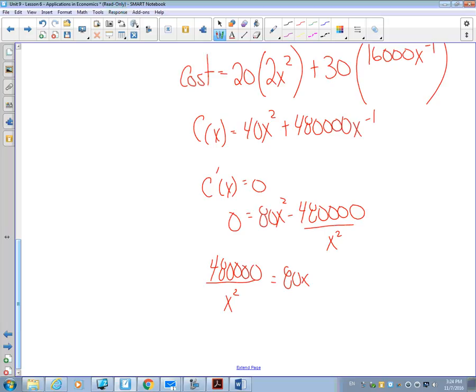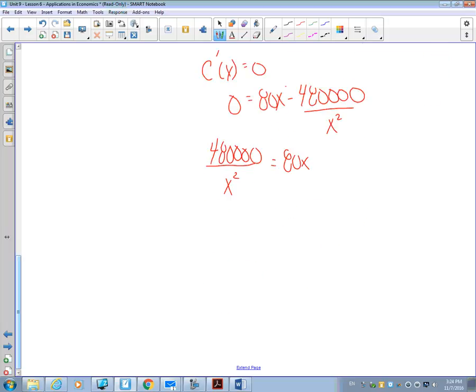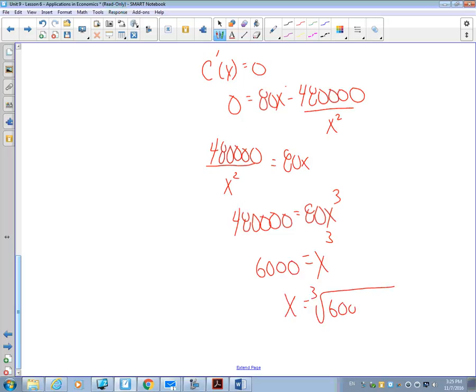Sorry, guys. That shouldn't be a squared there, just an 80x. Okay, so 480,000 equals 80x cubed. Divide out the 80 from both sides, and we'll get 6,000. Take our cube root of 6,000, and for x we should get 18.17.